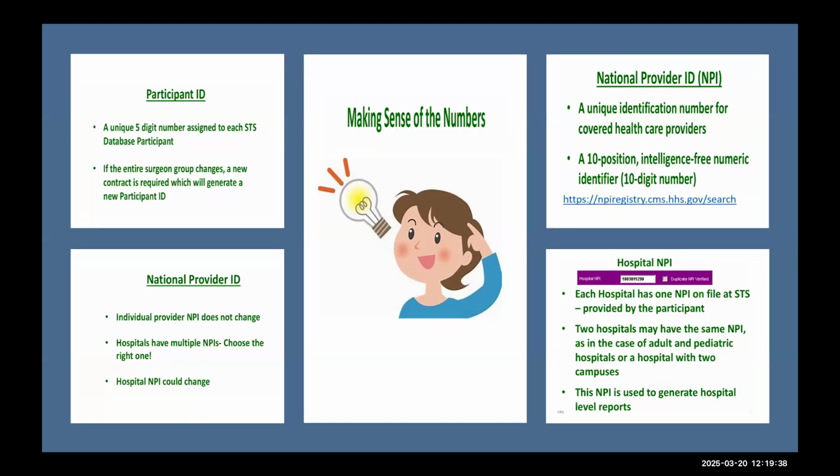Paul, do you have anything else to add about these numbers that would help clarify that? Now they are very important. The main thing is that in most cases, mainly your participant ID is entered by your vendor software, so you may not even have control over that one. And then the surgeon NPI, even hospital NPI and things like that, are tied into your vendor software.